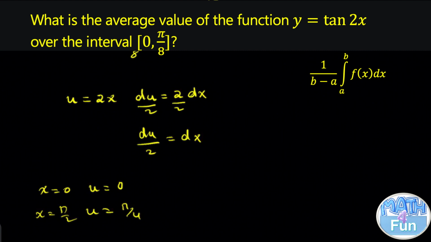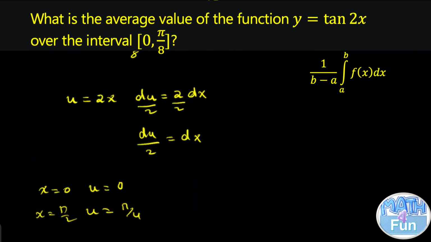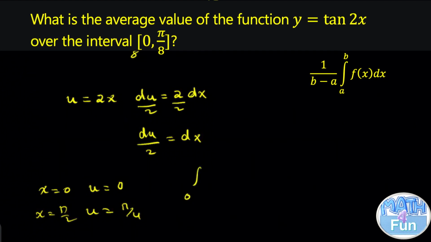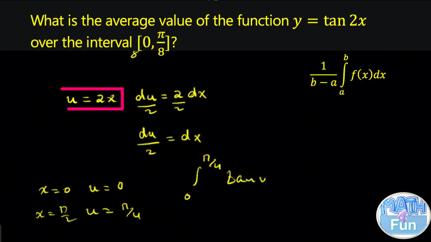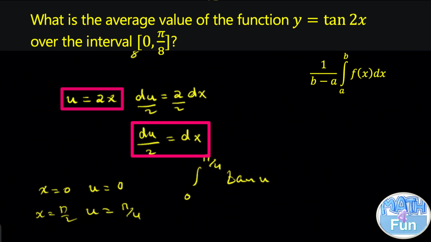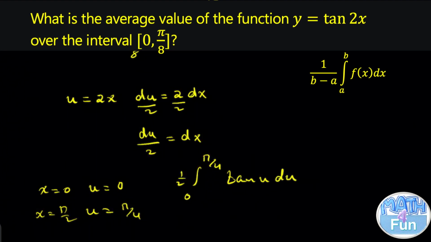Now, substituting in the integral from 0 to pi over 8 of tangent of x dx, it becomes the integral from 0 to pi over 4 of tangent u, and dx is du over 2. So we can put 1 over 2 outside, and we can write du inside.